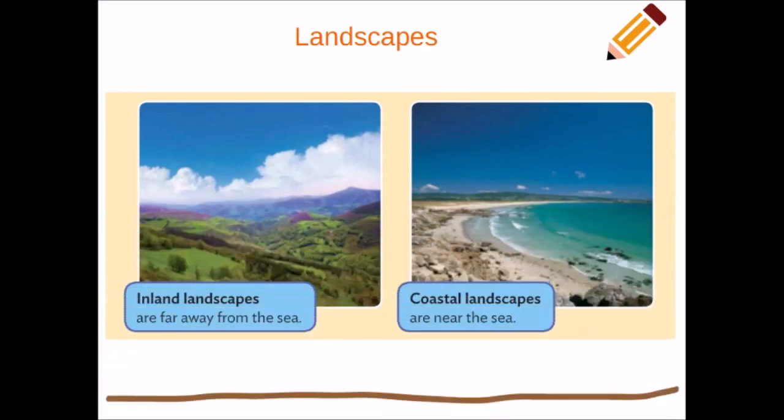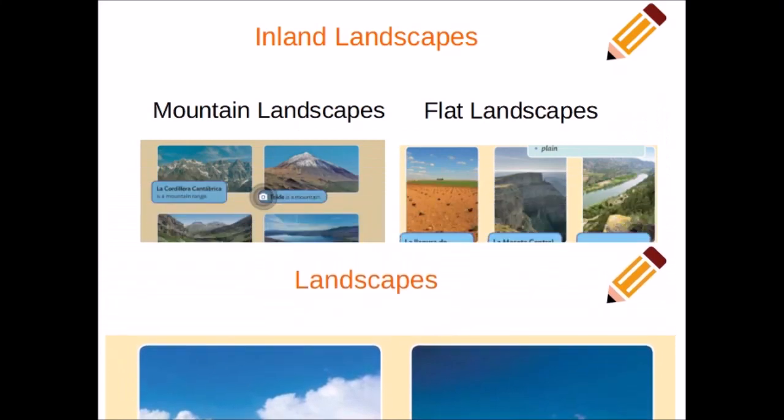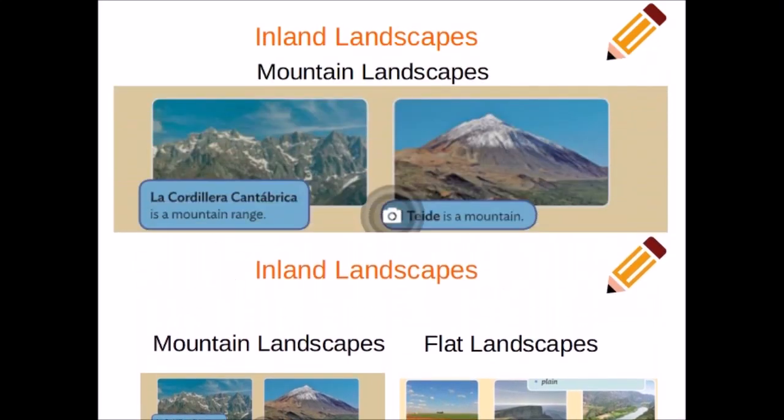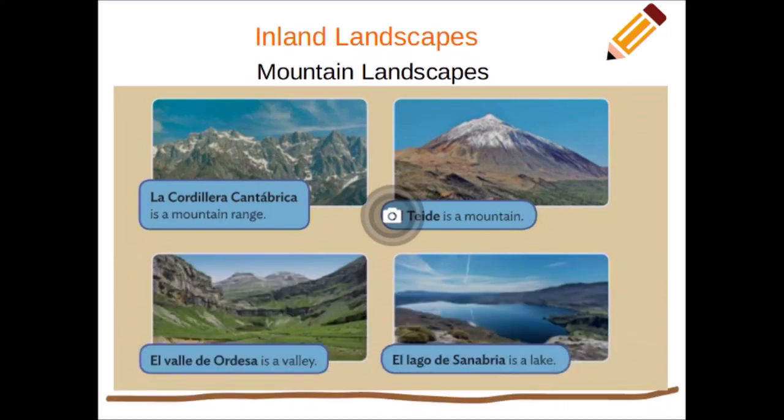So with inland landscapes, there are two types. There are mountain landscapes and flat landscapes. So let's focus on mountain landscapes first. Your book has some great examples of mountain landscapes that we can find here in Spain.